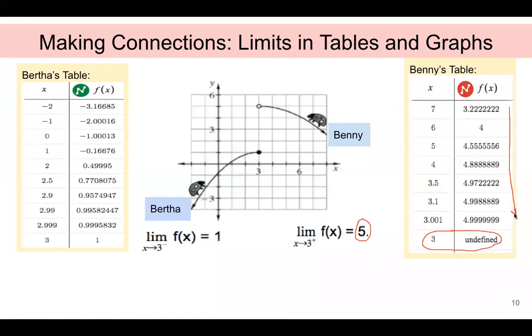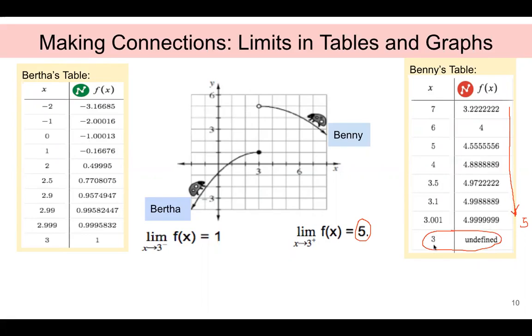The limit is still approaching 5. These numbers are quickly approaching 5, because 4.9988 is really close to 5, and this one's even closer, 4.999 with infinite nines. The limit is still going to approach 5 in Benny's case, and we don't really care what's happening at 3.